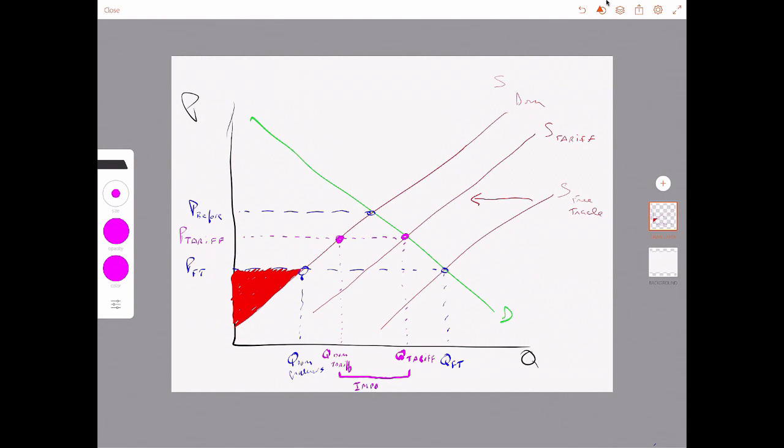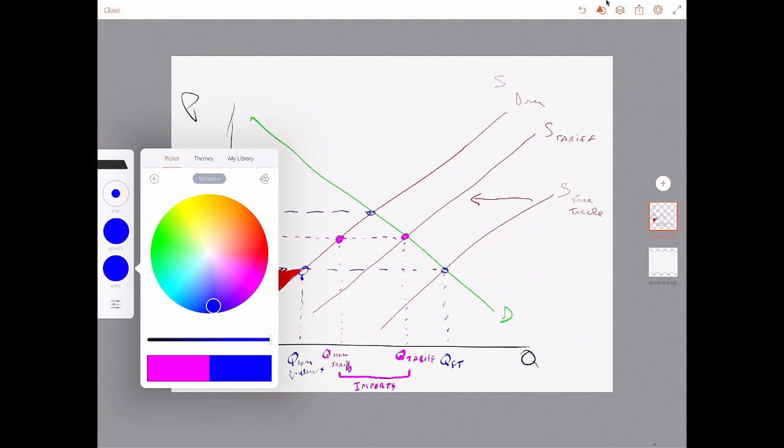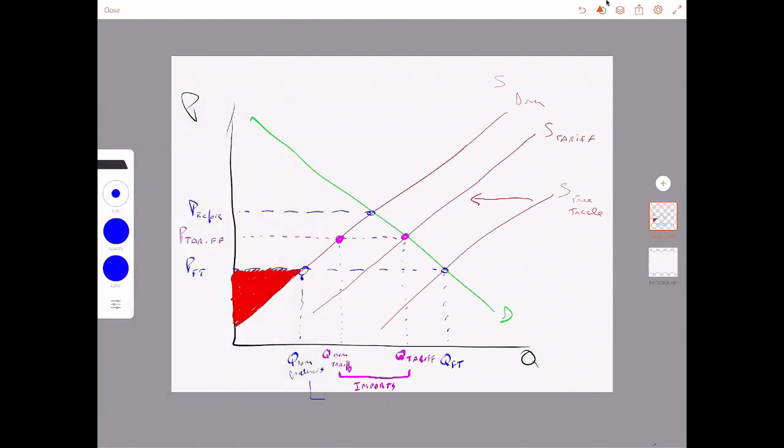In other words, the number of imports has changed. So in blue here, you see how many cars we used to import, and in purple there, you see how many cars we're importing as a result of the tariff. There are fewer cars. You also see the number of cars produced by the domestic producer increasing.